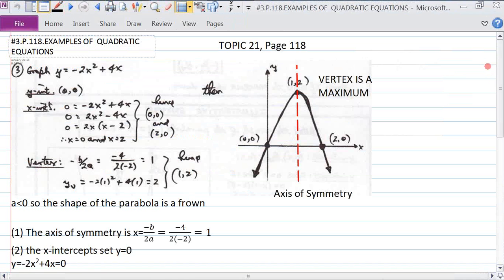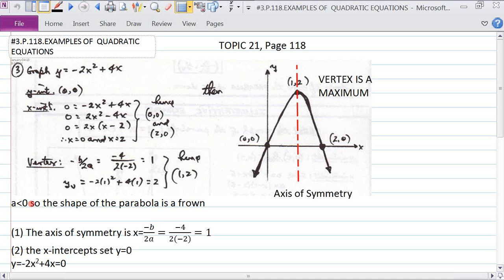Now, in this case, again, the coefficient of x squared is negative, so the graph is going to be shaped like a frown, and the vertex is going to be a maximum.